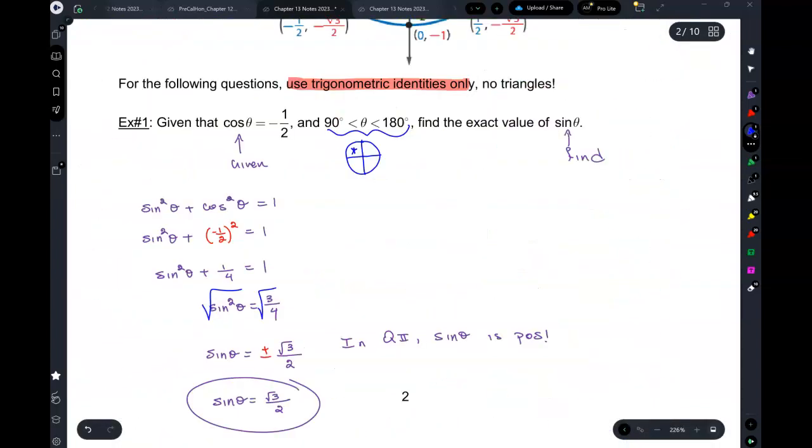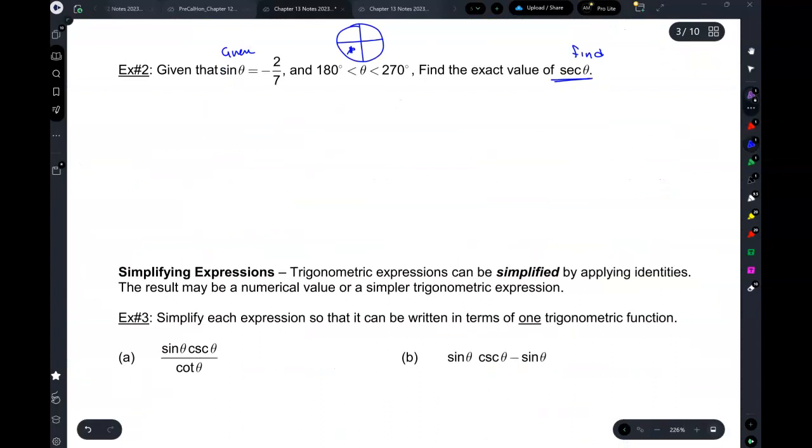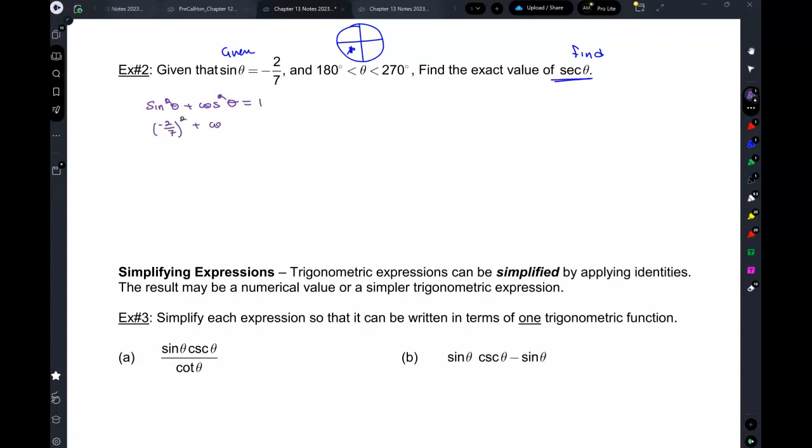All right, so sine squared theta plus cosine squared theta is equal to 1. Negative 2 over 7 squared plus cosine squared theta is equal to 1.